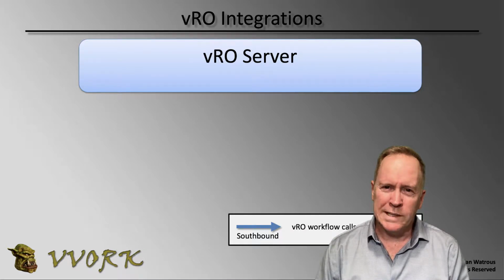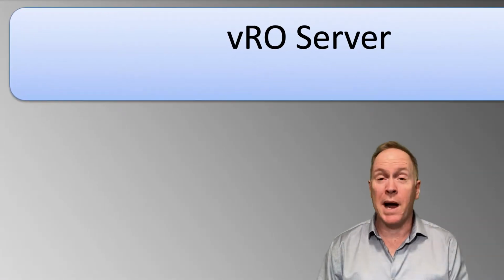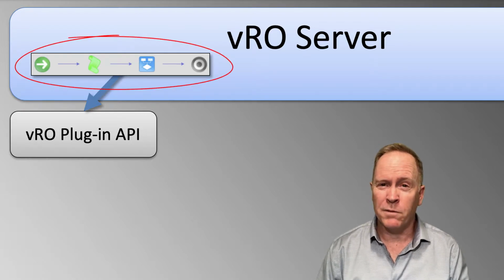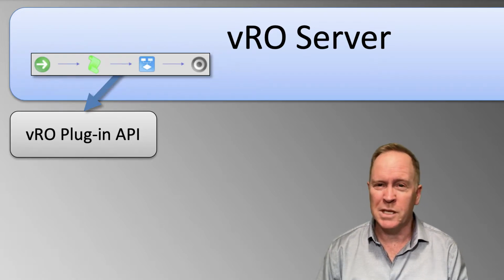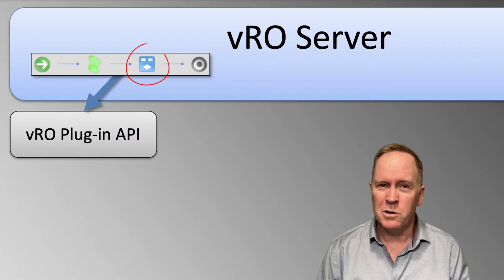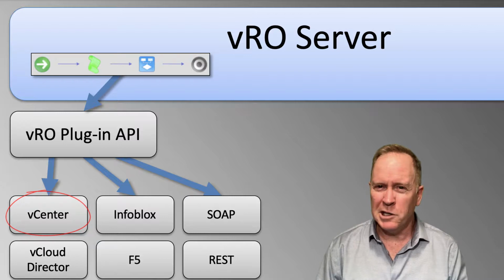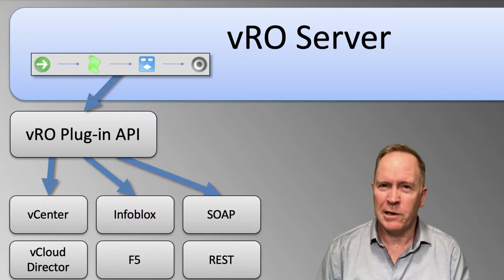What is that? Well, what southbound integration is, it's probably something you're already doing. Have you ever written a workflow and had that workflow call something such as a workflow to create a virtual machine in vCenter? Well, what you're doing in that case is southbound integration.